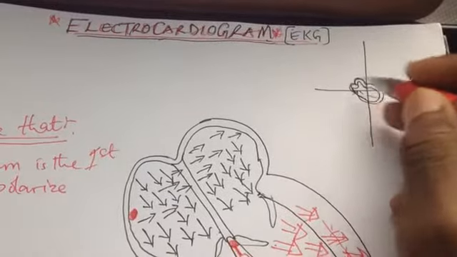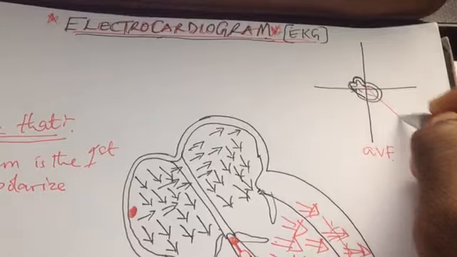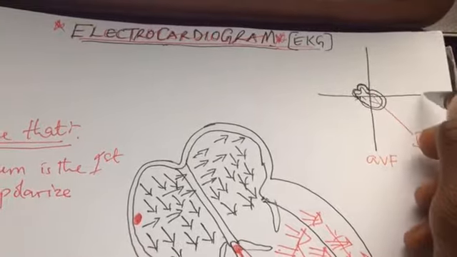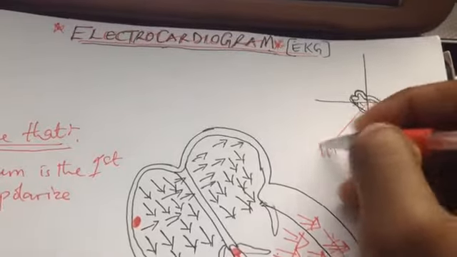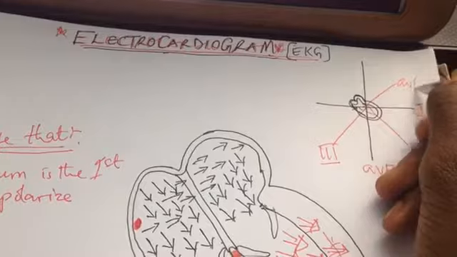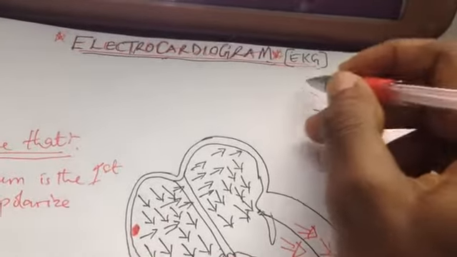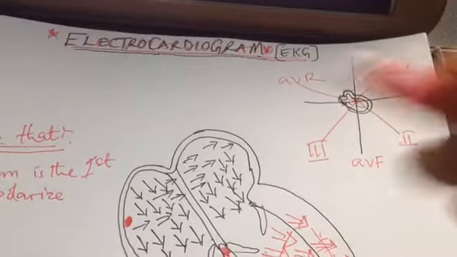If this is the heart at the center, here we have the AVF, here we have lead 2, here we're supposed to have lead 1, here we're supposed to have lead 3, and then here we're supposed to have AVL, and then AVR. So this is the orientation.